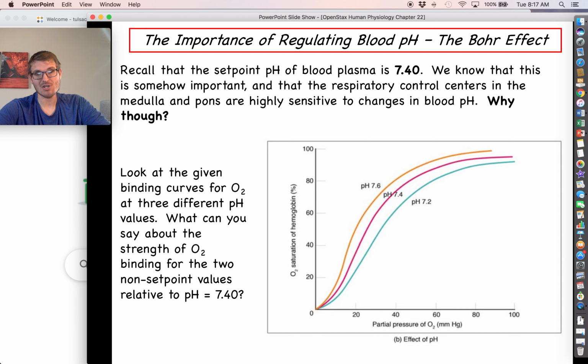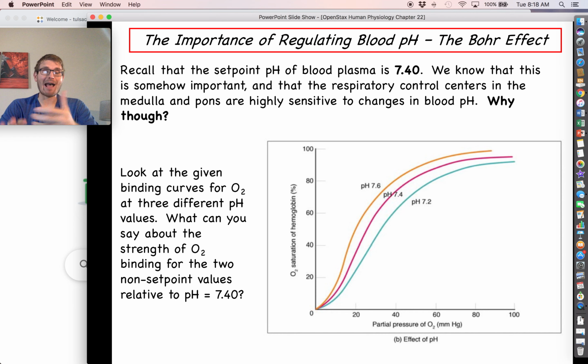So as things become more basic, hemoglobin starts to grab onto oxygen more tightly. If my phone here is my oxygen and I'm hemoglobin, so if things get more and more basic in the blood, I have a greater inclination to hold on to oxygen even more tightly than I already was.